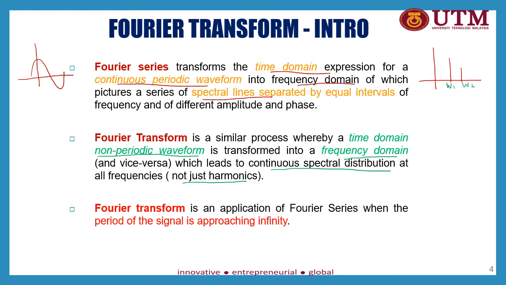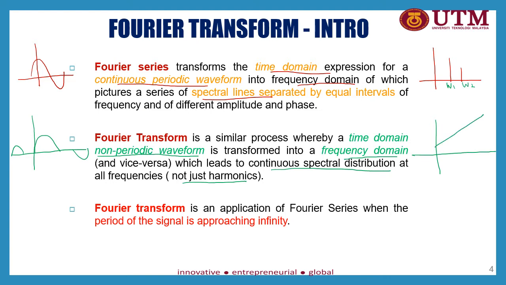Okay, but in Fourier transform, it will transform a non-periodic signal in time domain. For example, you have this, and this, and somewhere there. Okay, this is for example a non-periodic signal, and the spectrum you have will look something like this.